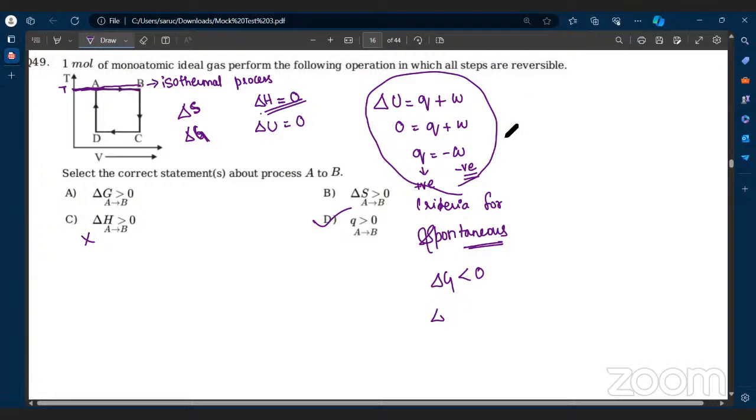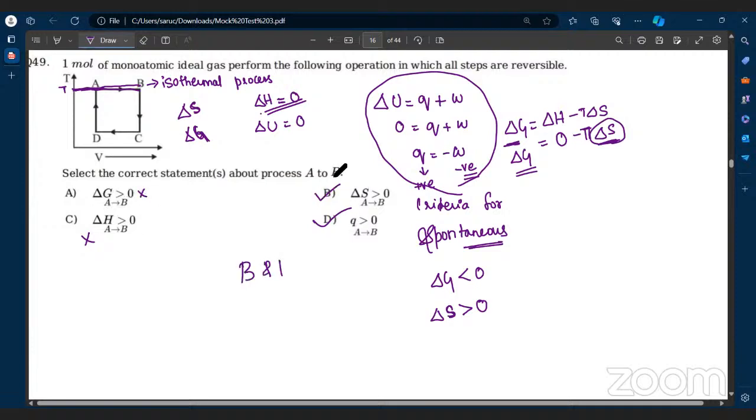We know that delta G is equal to delta H minus T delta S. So if delta G should be negative, and delta H is equal to 0, then if delta S is a positive value, minus into plus is going to be minus. So delta G will be negative, so delta S should be positive. So B is true. Delta G greater than 0 is given, which is wrong. So the correct answers are B and D.